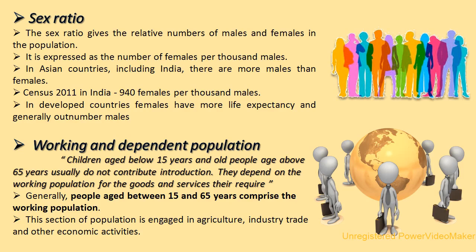So both these categories, children below 15 years and people aged above 65, depend on the working population for food, health and medical facilities. Suppose in your house you are the child and you are studying, and your grandparents, who are above 65, are not working, they are just enjoying their retirement life, and your mama and papa are working.